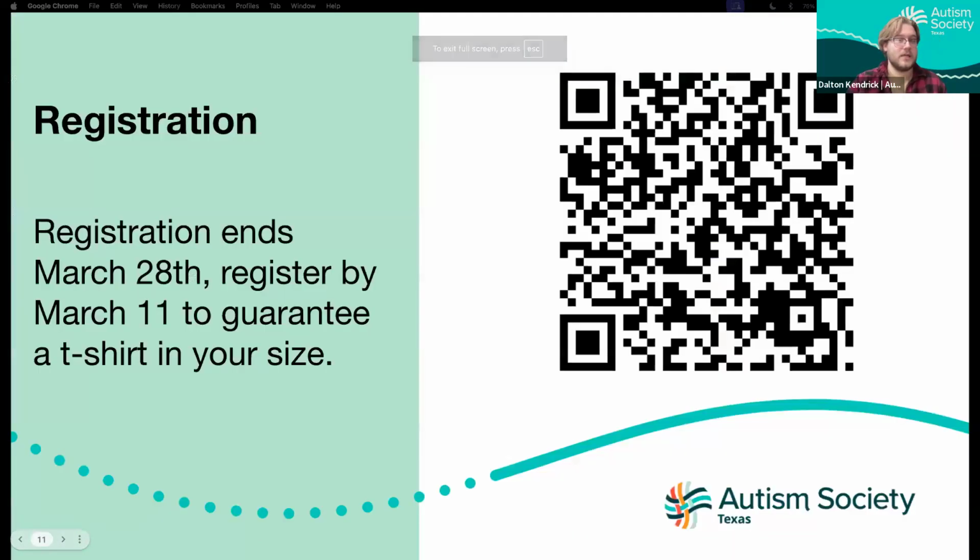Moving forward, registration. Like I said, our Capitol Day is March 31st. The deadline to register is March 28th. But to guarantee a t-shirt in your size, we ask that you register by March 11th.